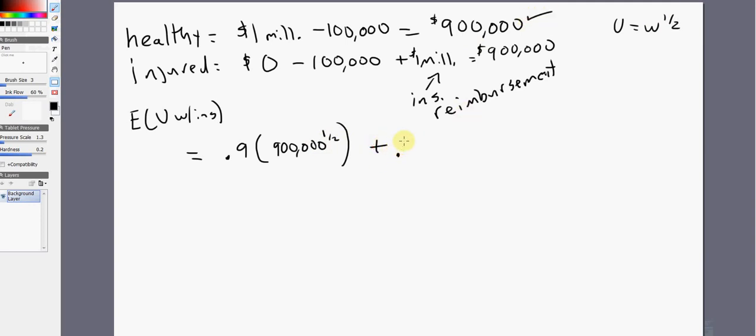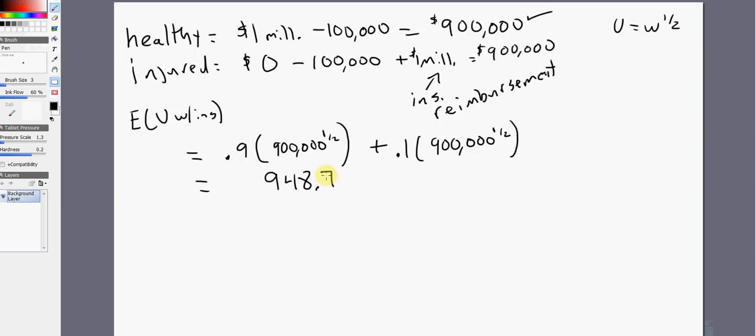There's a 10% chance he'll be injured, in which case the insurance policy will kick in, giving him $1 million, but after subtracting the insurance premium, he'll have $900,000. Taking the square root of that, just evaluating the utility function at that, we're going to be left here with 948, rounding to the nearest tenth, 0.7.